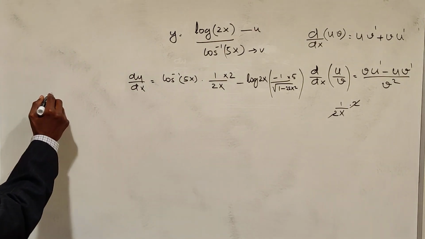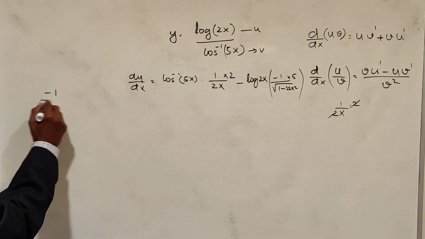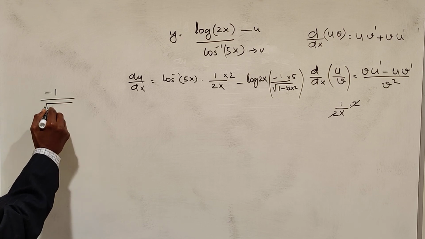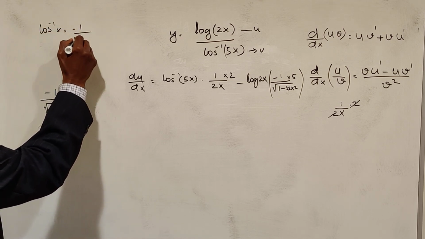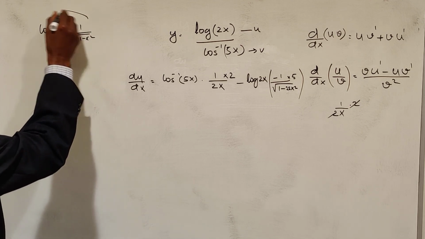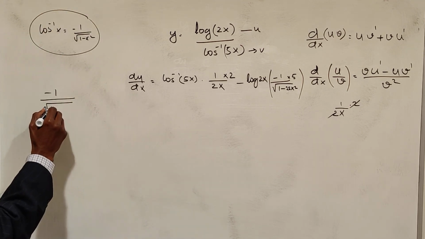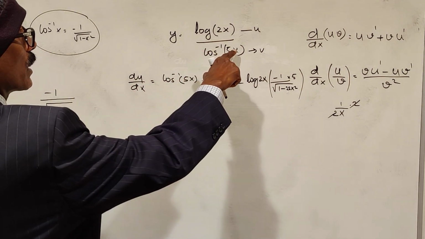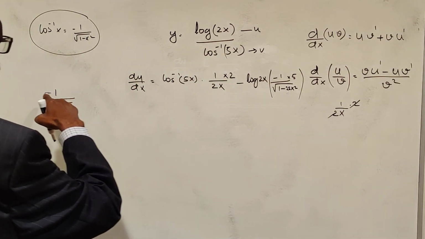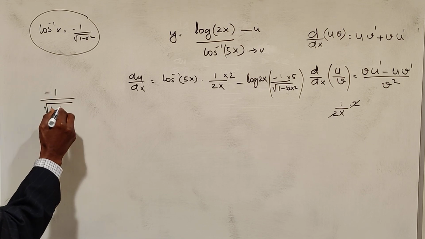What is the derivative of cos inverse 5x? The derivative of cos inverse x is minus 1 by root of 1 minus x square. That is the formula. Derivative of cos inverse u is minus 1 by root of 1 minus u square.